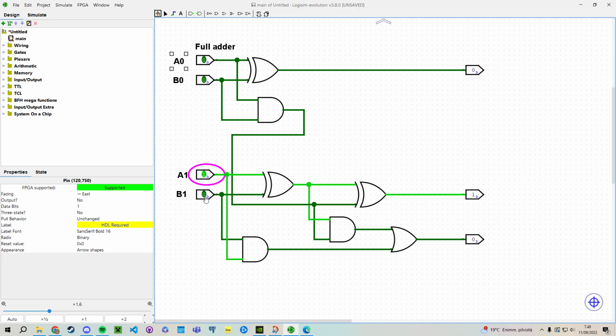But if we put these both to 1, we can see that it changes, and this XOR gate blocks the signal here, it actually doesn't use this, so it is only if the upper, the half adder, is used. So we can try that out, and yeah, it turns into 1 0 0.